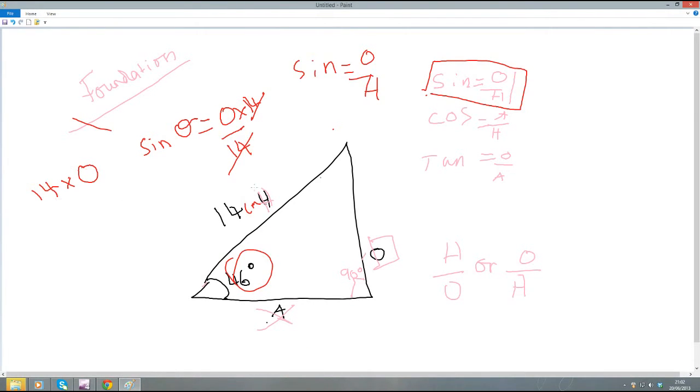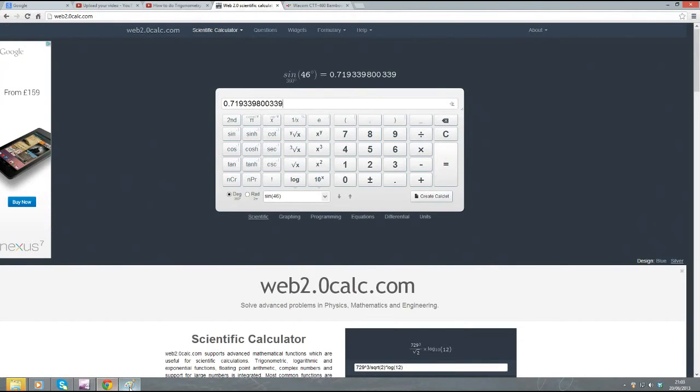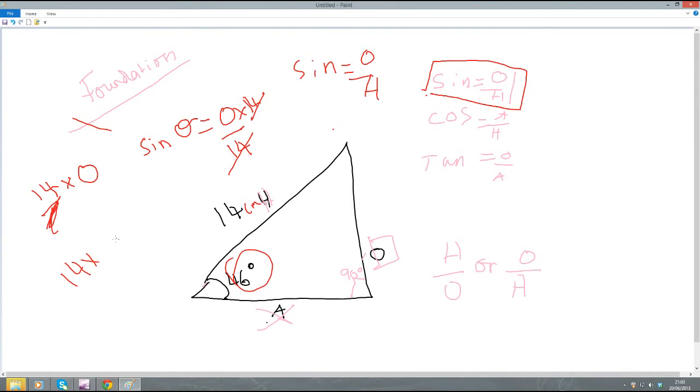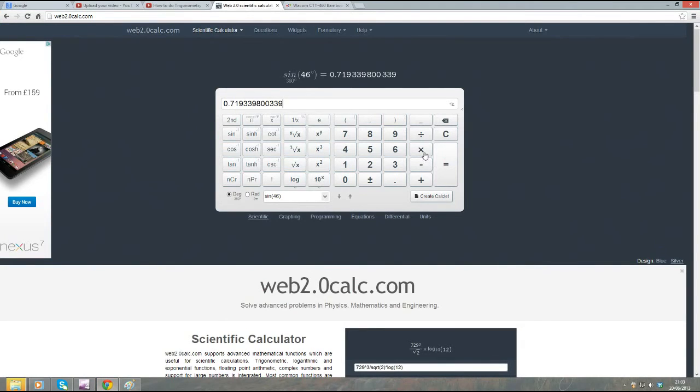Now we can't just write 0.719 because we still have this 14 to deal with. So it's now basically 14 times 0.719, and the rest of the number really. So we do times 14, and that gives you 10.07.